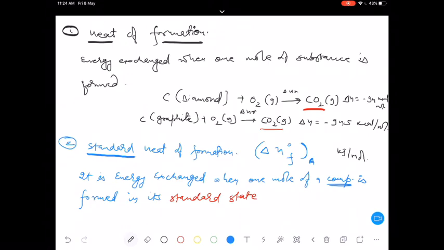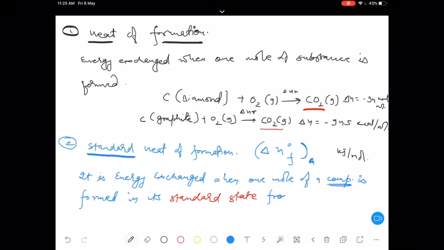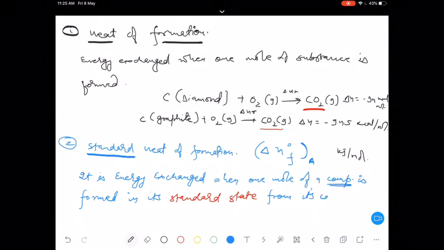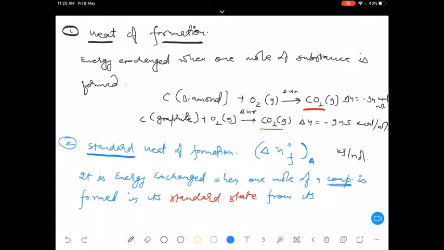Now, the energy exchange when 1 mole of compound is formed in its standard state from its constituent elements. That is also important.